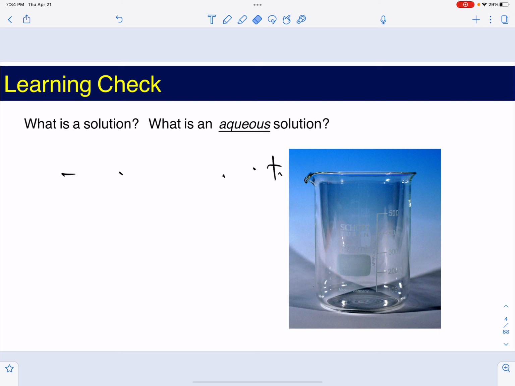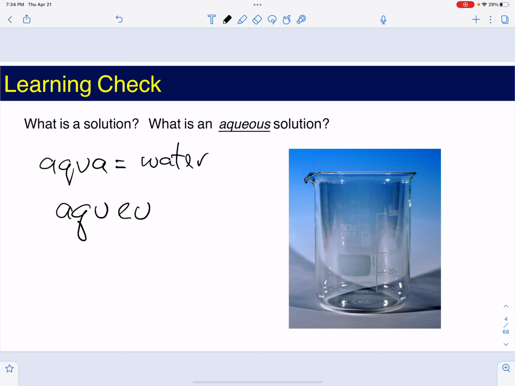Given that this planet and your body, and mostly everything around you that is relevant, is mostly made out of water, our planet and our body are around 70% water, the solutions that we are going to see the most and the most practical are going to be solutions made with water, and using Latin from aqua, which means water in Latin, we're going to say that an aqueous solution is a solution where you have water dissolving something.